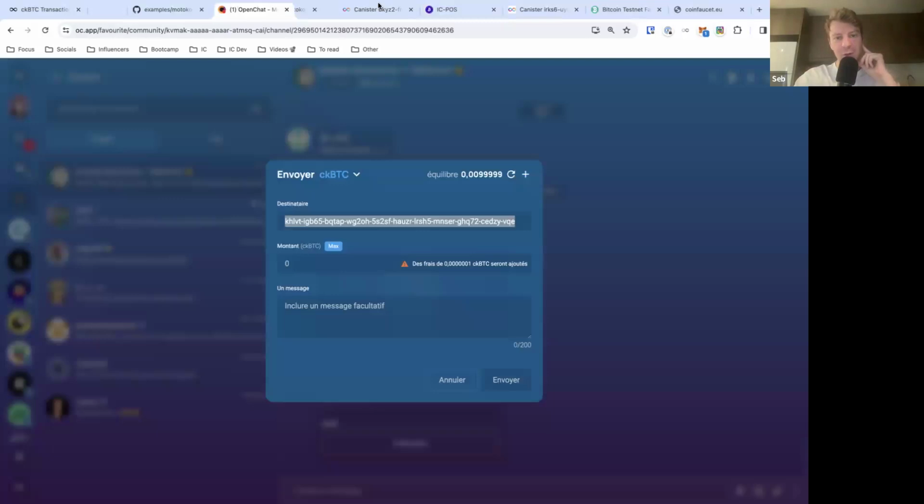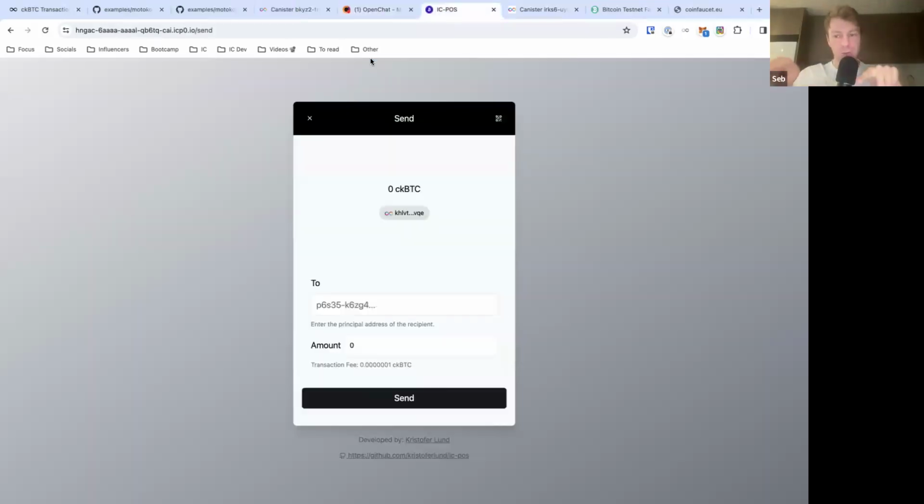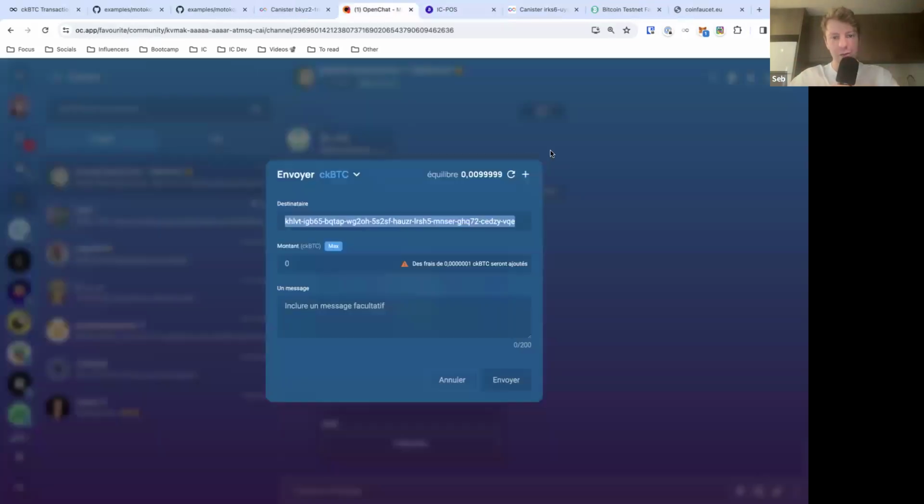I wanted to do a test from OpenChat to this application to see if I could move my chain key Bitcoin around, but I'm not going to try here because I have a feeling that it could cause some issues, because this application is using principal, and OpenChat is using account for sending and receiving. The account is derived from the principal.